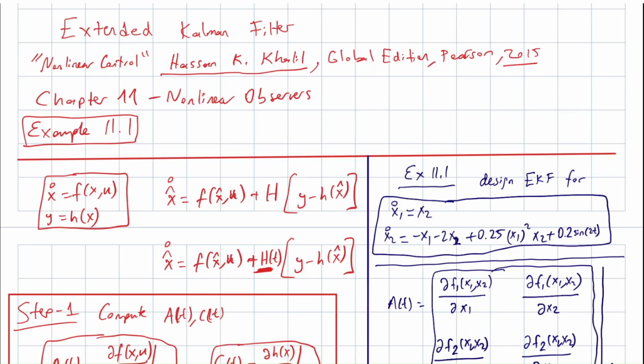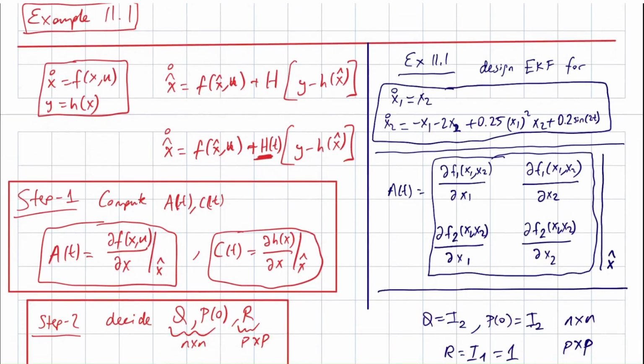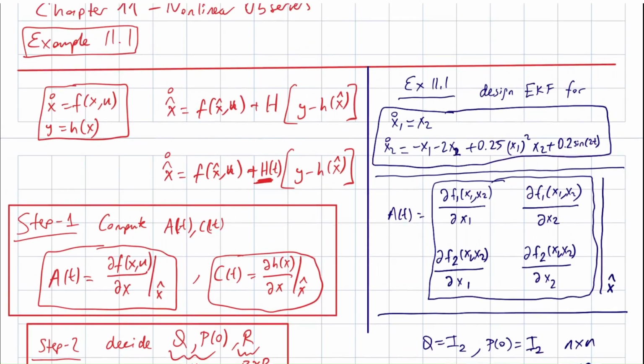Okay, all right, enough side-track topics. What I'm going to do in this video is look at an example and design an extended Kalman filter, and we are not going to talk about the theoretical reasons why this should be working.